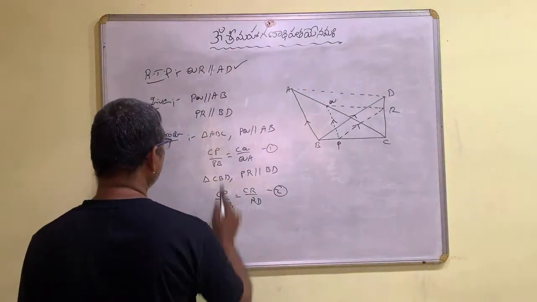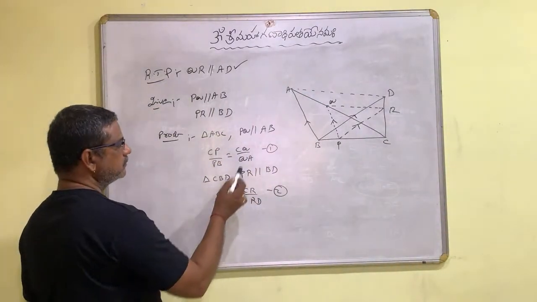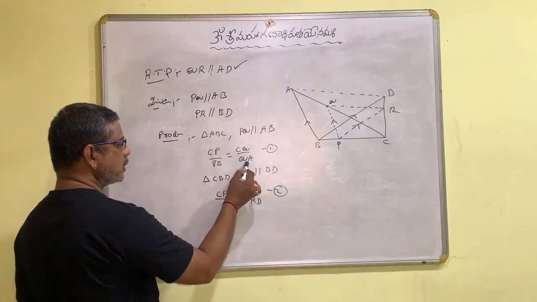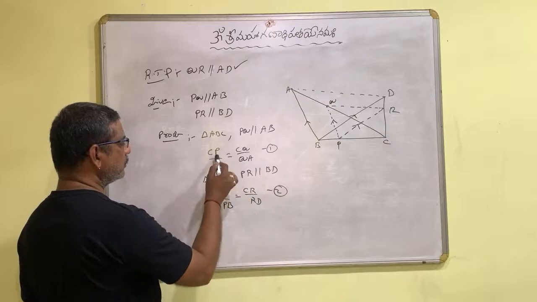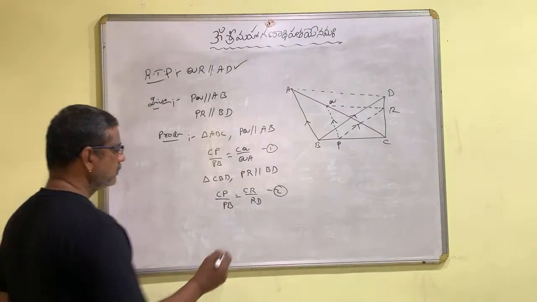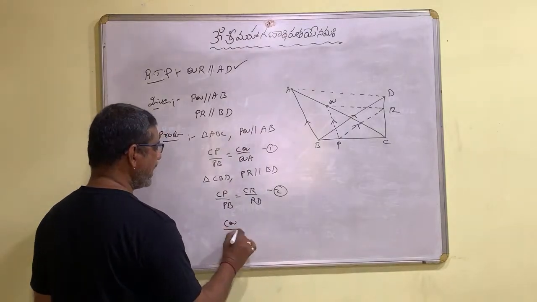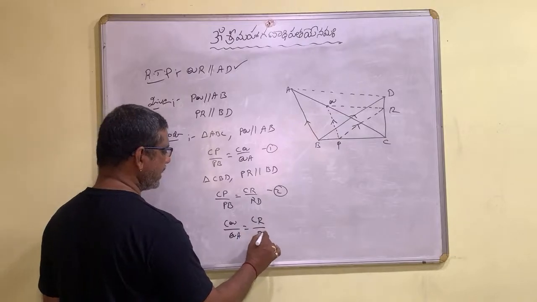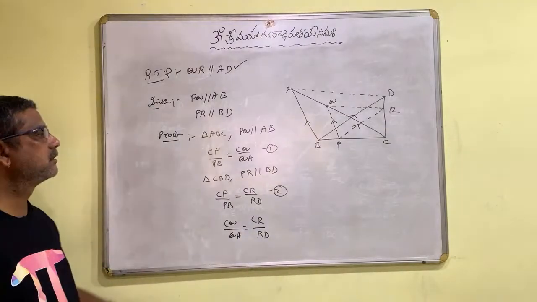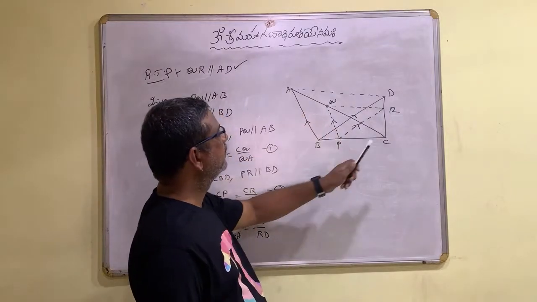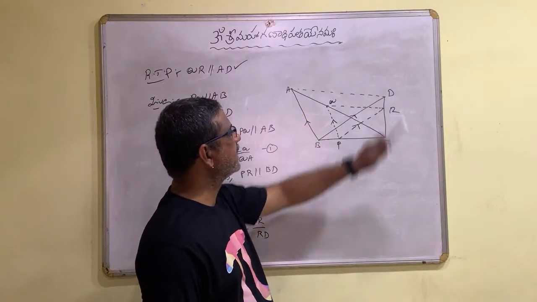Things which are equal to the same thing. These two are equal to the same thing. This ratio is equal to the same thing. So, CQ by QA equal to CR by RD.